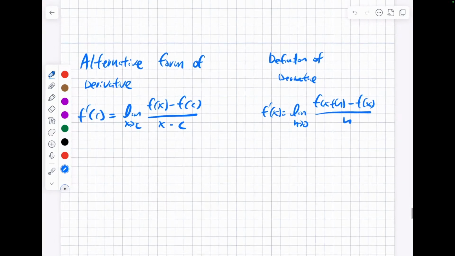So what's the difference between the two is that this one is going to give you the slope at x equal to c, at a particular value.